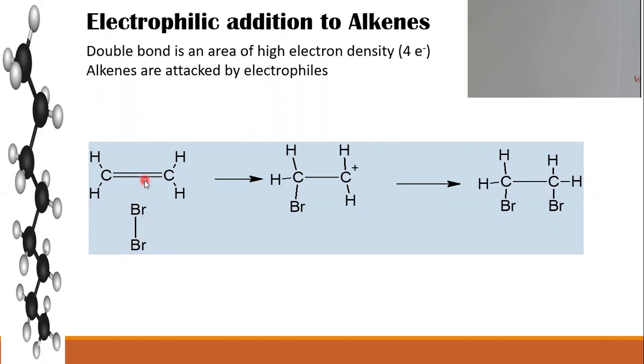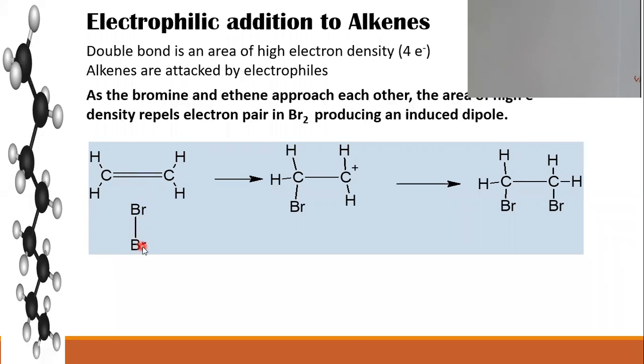As it gets closer to my double bond, it pushes this bonding electron pair slightly down, and it creates a slight induced dipole, with slightly positive being attracted to my double bond and slightly negative on the other side of my bromine molecule.